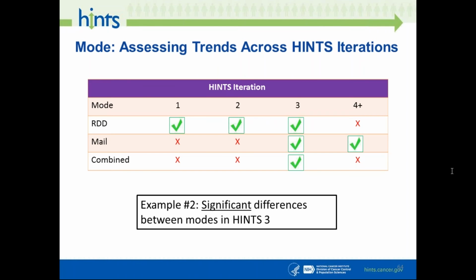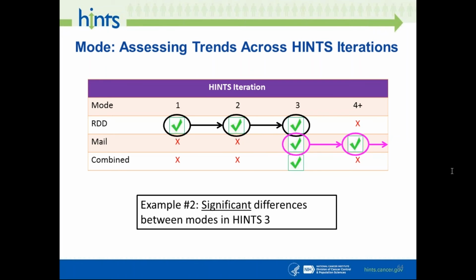Moving forward, looking at trends, you're going to want to use the mail weights, knowing that HINTS 4 forward only has mail weights. So you're saying the trend between HINTS 1 and HINTS 3 was this, and then HINTS 3 forward is this. Hopefully maybe they're both linear, or both quadratic, and you see some similarity. But this is what you're stuck with if you find significant mode differences.